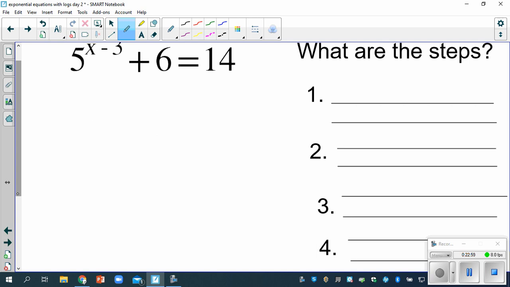So here's what I'm going to do. I'm going to go through the steps with you, and then I'm going to write them in words. The first thing that we've got to do is get this house, my house, all alone. There is a word for that in math, and the word is isolate the exponential guy.